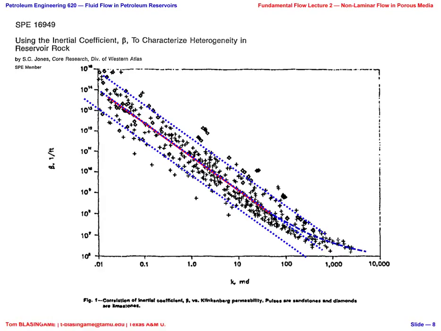Do you think the beta factor you calculate from field performance and the beta factor you calculate from core are going to be close? Let's take a quiz. I don't have even one maybe. Maybe. Okay. Explain the maybe.